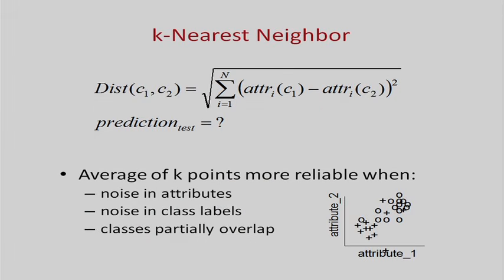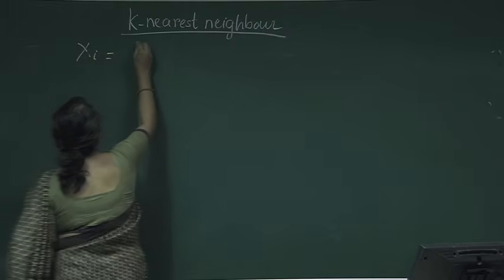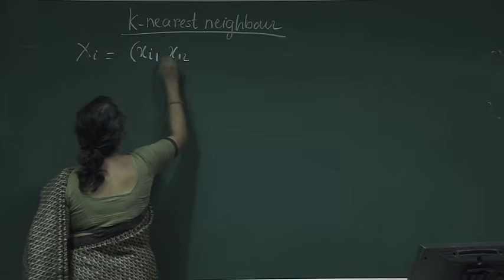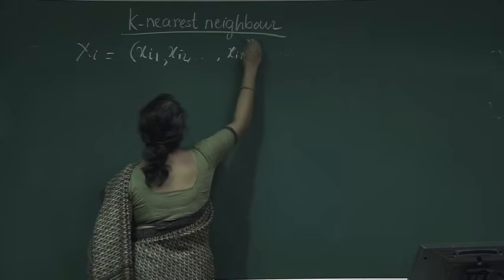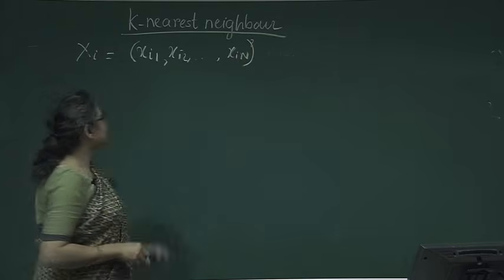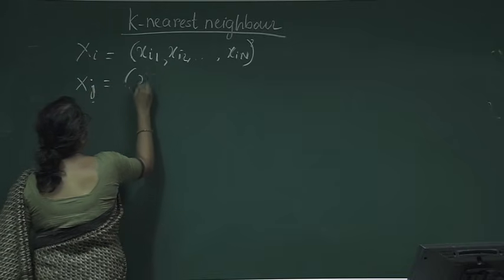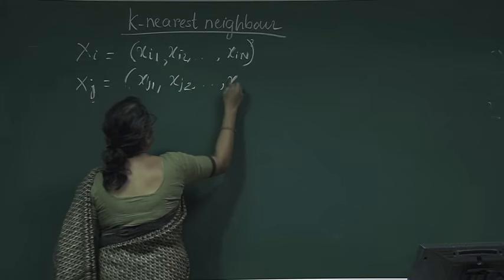Okay. So, first we look at a standard distance function called the Euclidean distance function. In the Euclidean distance function, suppose each instance x has n attributes, xi1, xi2, ..., xin, and between two instances xi and xj, xj1, xj2, ..., xjn.